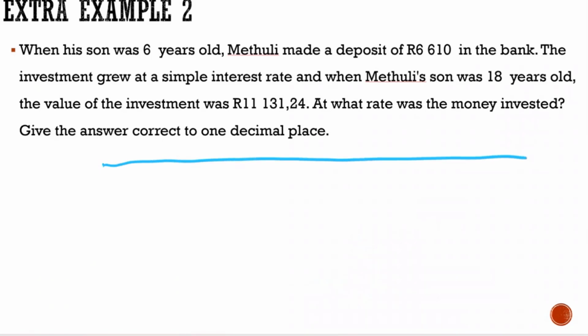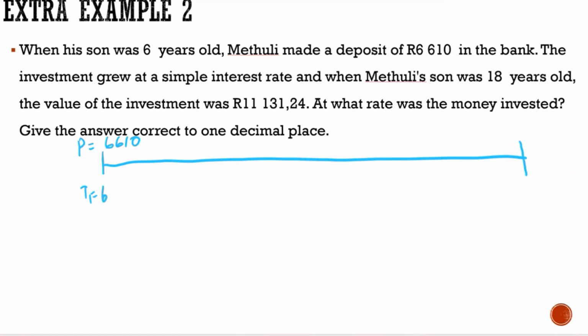Okay, so Metuli has got the son. So he's starting here, when the son was 6 years. Okay, so your T1 is when your son was 6 years. He is depositing 6,000. That means this is a present value. The present value is 6,000. Okay, and then when the son was 18 years, the value of the investment was, that means somewhere here.